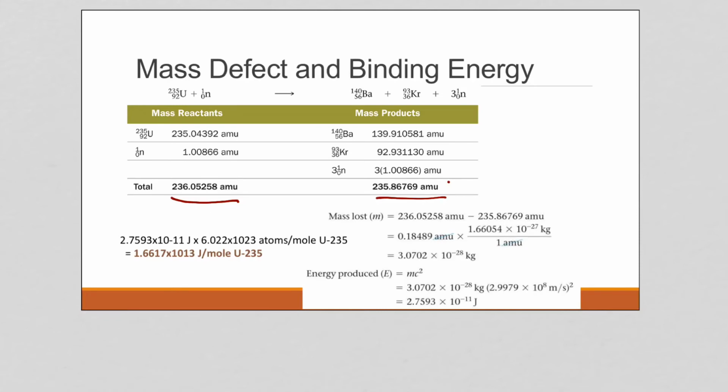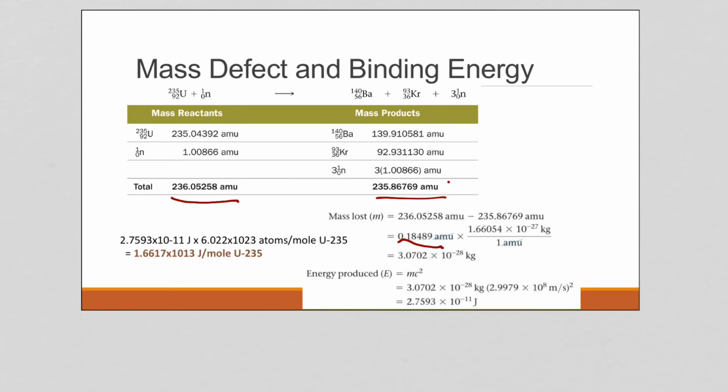And we can clearly see there's a discrepancy here. We've lost mass. And so we can calculate that loss of mass as 0.18489 AMUs. Well, that doesn't seem like a very large amount of mass, I should say.